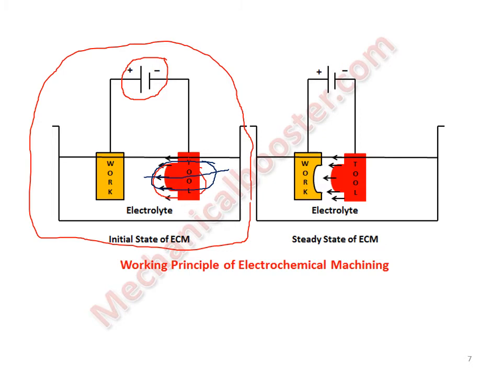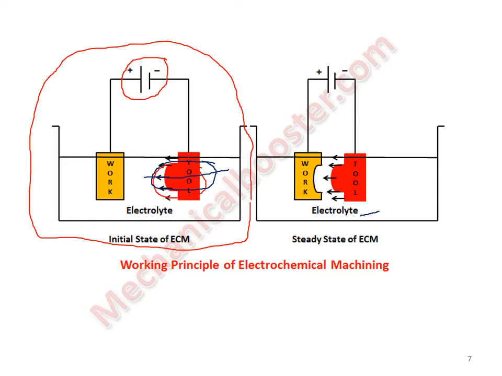As the machining progresses, the tool has to proceed forward, or the tool should approach towards the workpiece, and the overall gap will be maintained equally, so that the machining can happen and the electrolyte is able to flow between the tool and the workpiece.